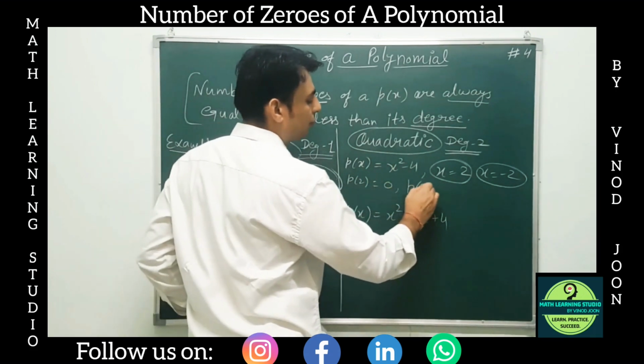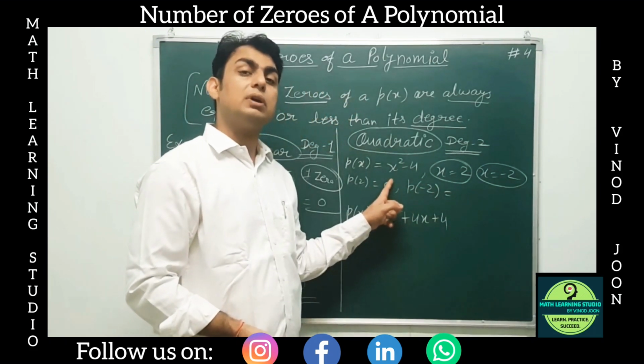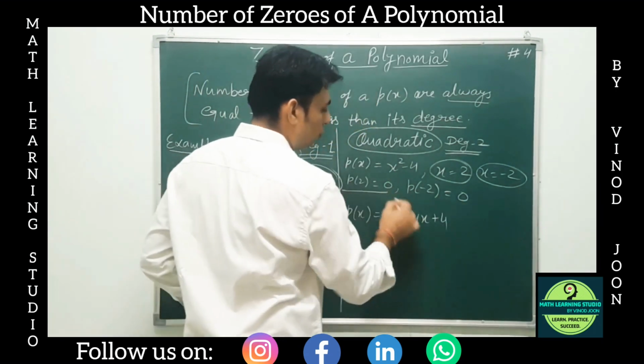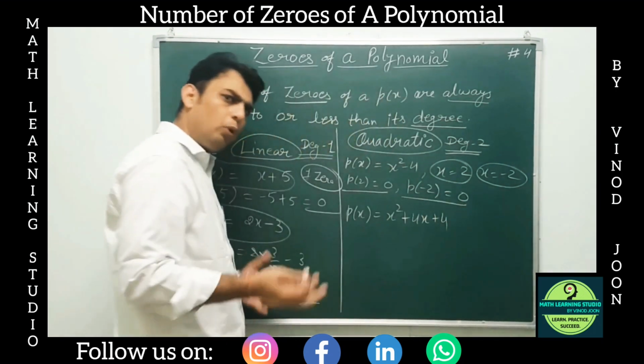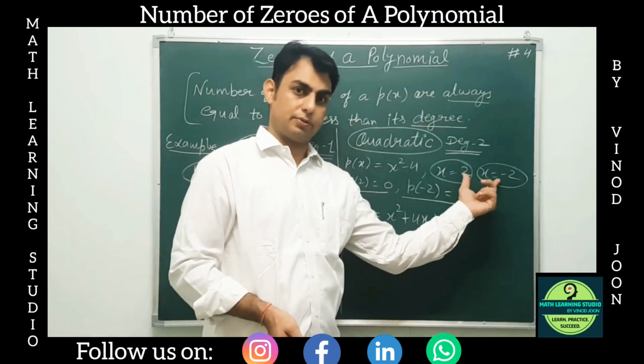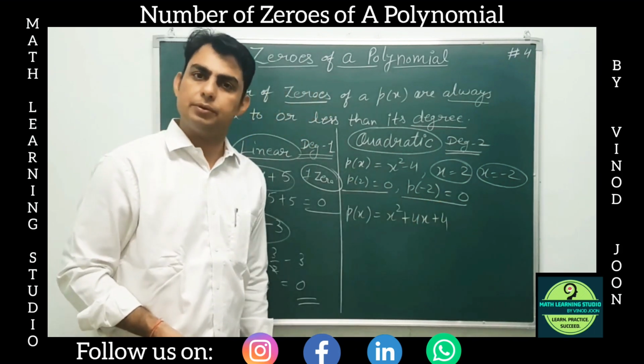And if we put p of minus 2, then also minus 2 square is 4. 4 minus 4 is again 0. So p of 2 and p of minus 2 both are equal to 0. So this polynomial has 2 zeros. There are two values of x which can make this polynomial equal to 0.